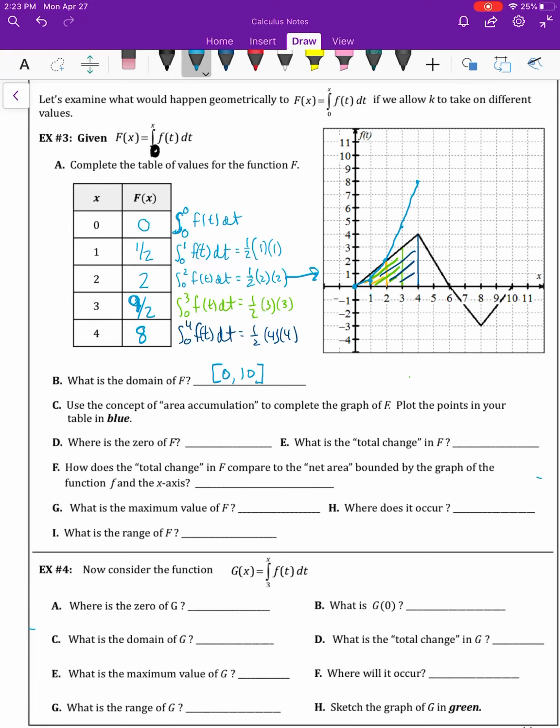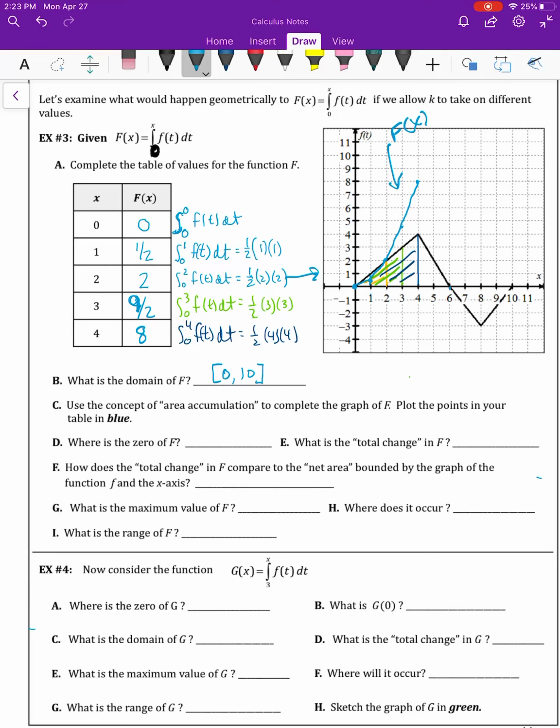And I went ahead and connected those. So you can see how that is increasing, right? It's going to continue to increase until 6, and then it'll start decreasing, right? What I just graphed right here was my capital F of x, and it's just going to keep getting bigger until 6. Then it's going to start decreasing.